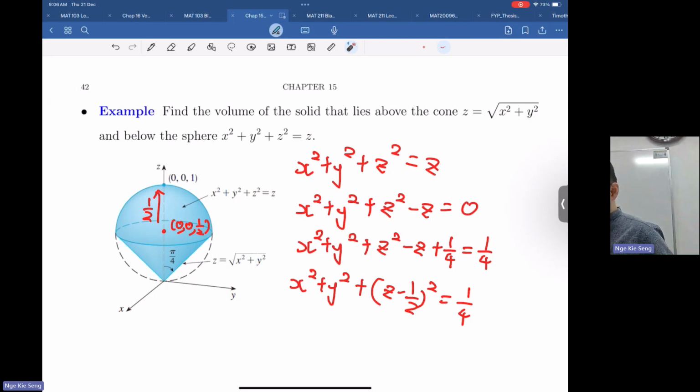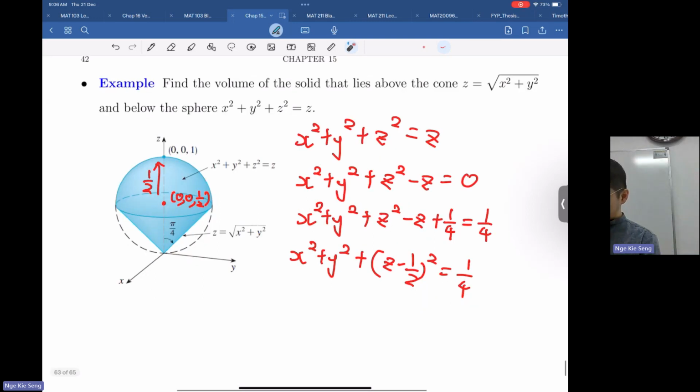All right. So, how do you draw this cone? How do you understand this cone here? What is square root x squared plus y squared? This is the hypotenuse of a right angle triangle.